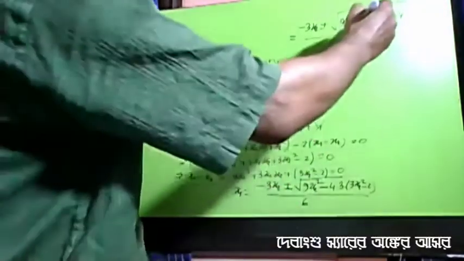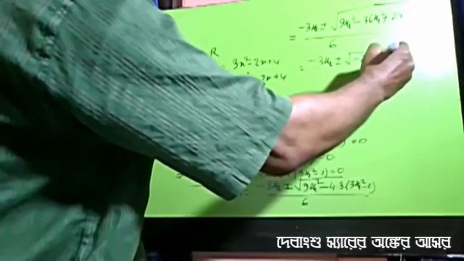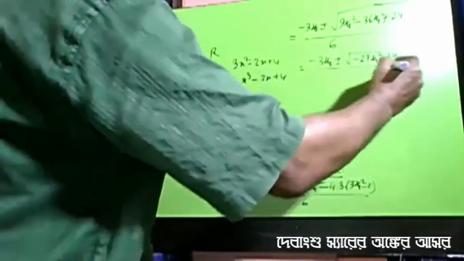Okay. Now see, this is 9, that is minus 27x2 square plus 24, by 6.